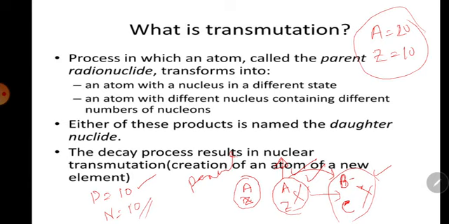Now one neutron disintegrates into a proton. The number of neutrons will be left 9. Disintegrated into a proton, so the number of protons increases by 1. This will become 11 and this will become 9. 9 plus 11 is 20. So the atomic mass number is 20 and the charge number, which was 10 before, will now be 11.